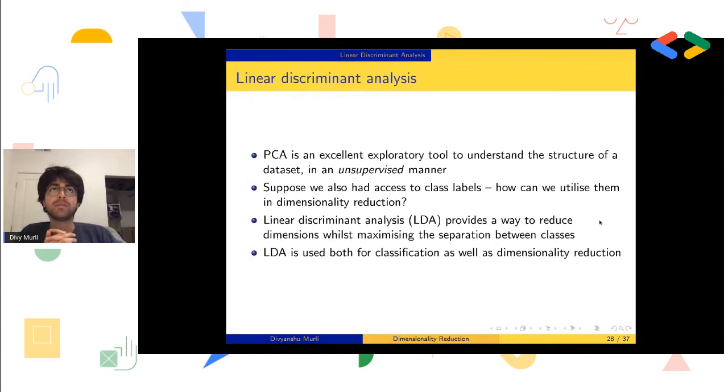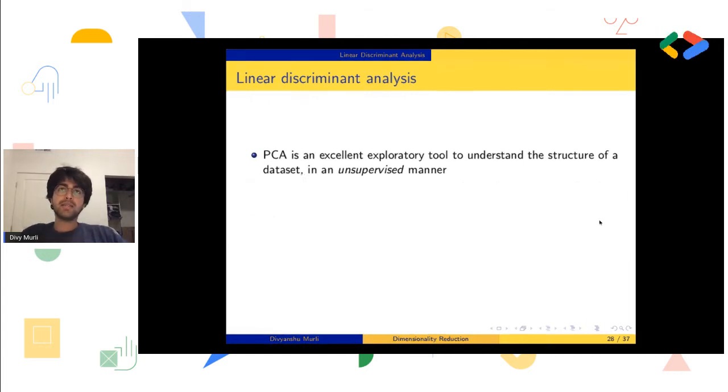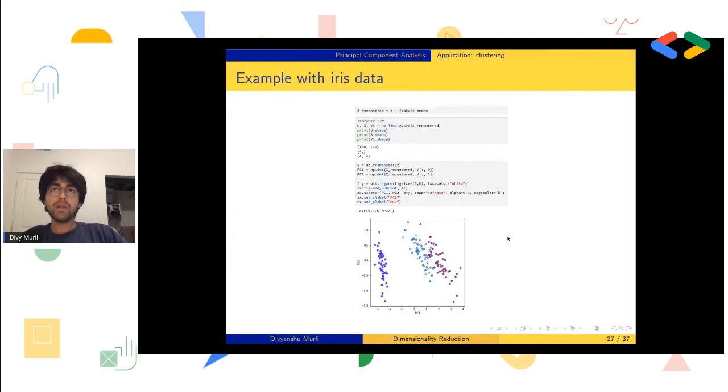I might hypothesize that I don't really know what types of flowers these are, but this one is definitely pretty different from these guys here. These are similar enough to each other that I can't distinguish them from dimensionality reduction alone. But I made some progress because I can at least separate out this one right here.